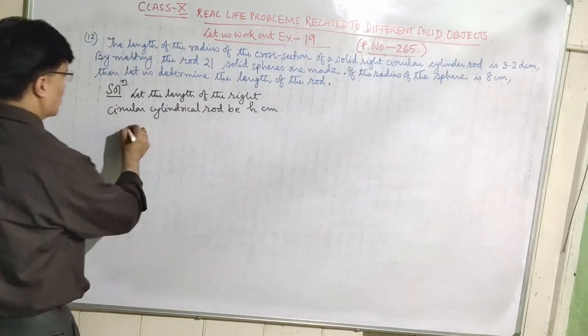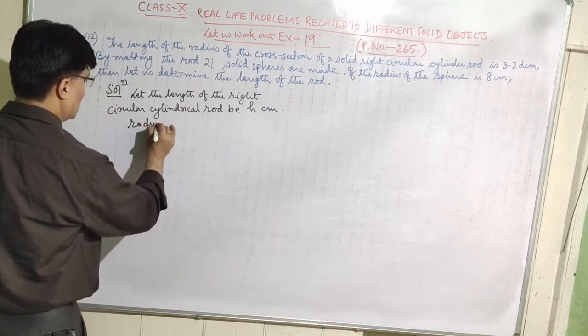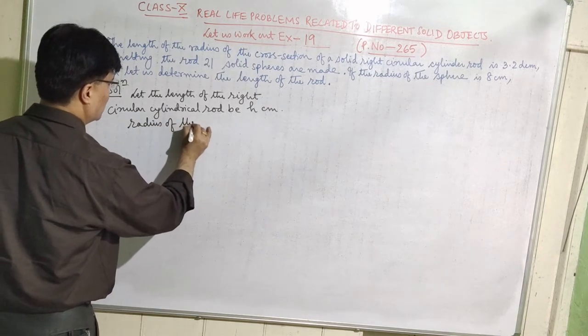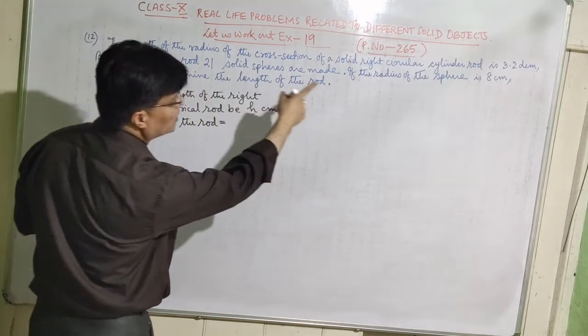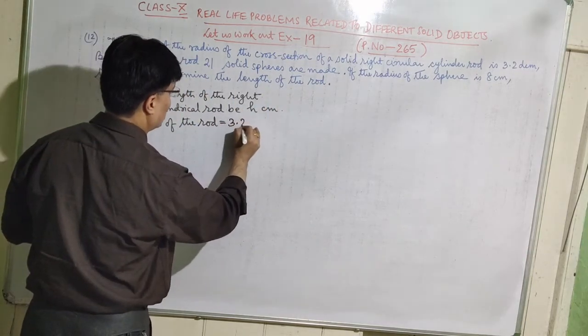So what is the radius of the rod? Radius of the rod is equal to how much is it given? It is 3.2 decimeter.